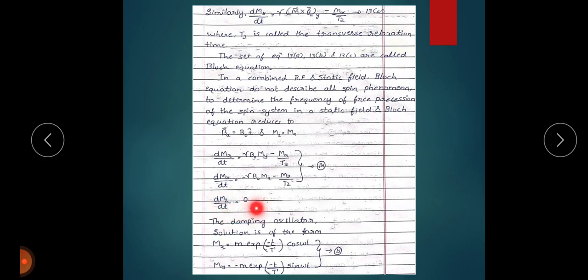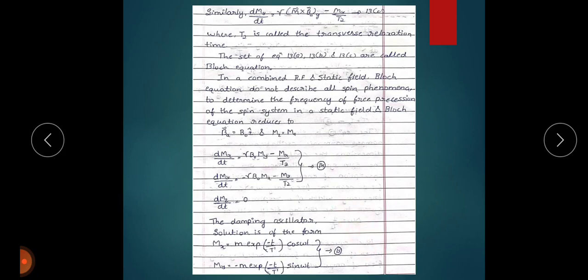That means the relaxation time corresponding to the longitudinal system is taken as 0. Here the longitudinal relaxation time t1 is absent, so t dash is equal to t2, corresponding to the transverse relaxation time. That expression is equation number 17.